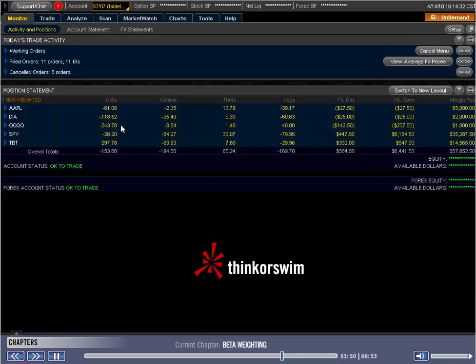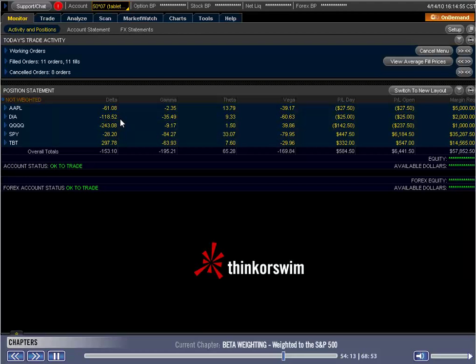Not all delta is created equal. Delta is equivalent to shares of stock, so you can't say that 61 shares of Apple is the same as 118 shares of the Diamonds. They're completely different shares.